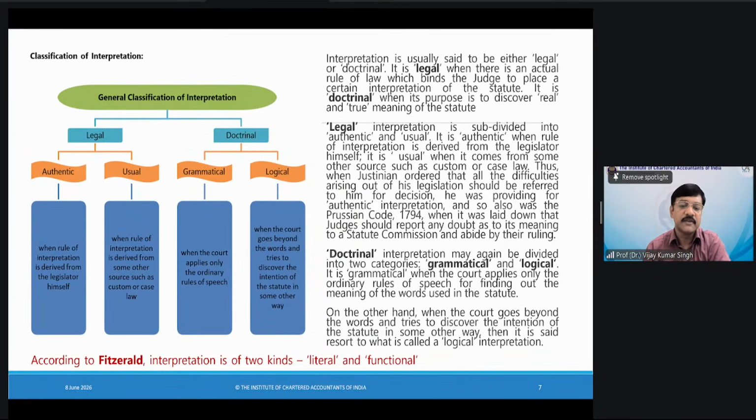Any one of you would like to ask any question till this point on the distinction between the general classification of interpretation? You may have a question on the general classification of interpretation. Yes, any questions on this particular slide specifically? This is talking about the difference between interpretation. Yes.